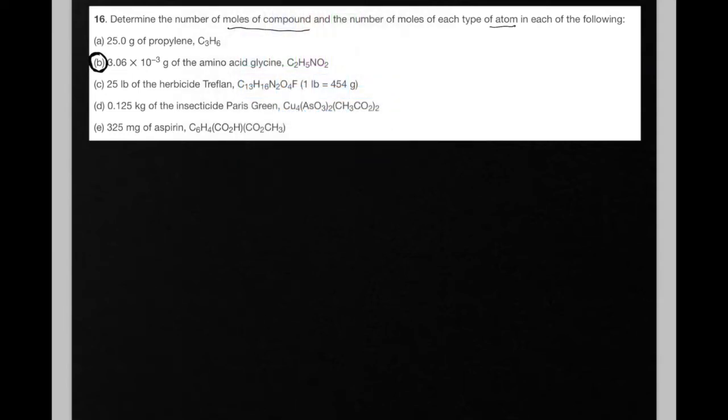Now the first thing we need to do is calculate the formula weight of this substance. And we have the formula C2H5NO2. So the way we do this is we take the subscripts in the chemical formula and we multiply it by the average atomic mass that we find in the periodic table. As you know, I like to use the periodic table found on ptable.com as a source of my atomic masses. For hydrogen, we have 5.